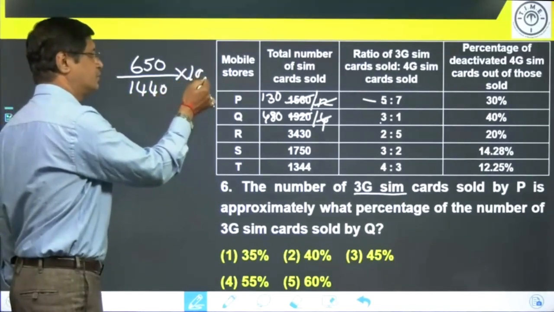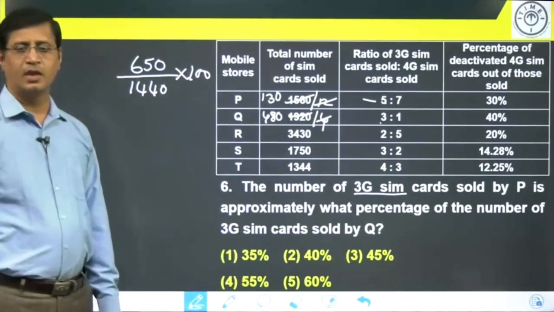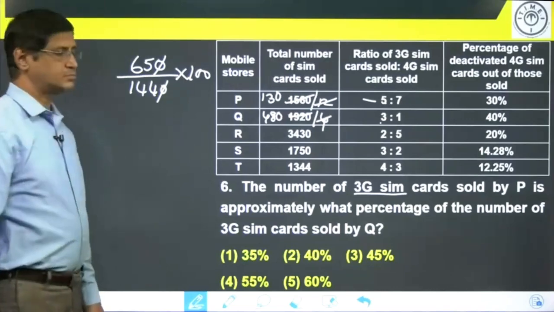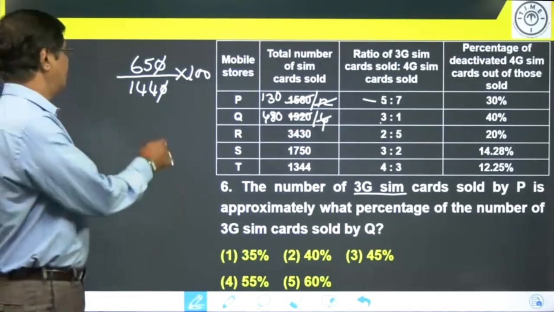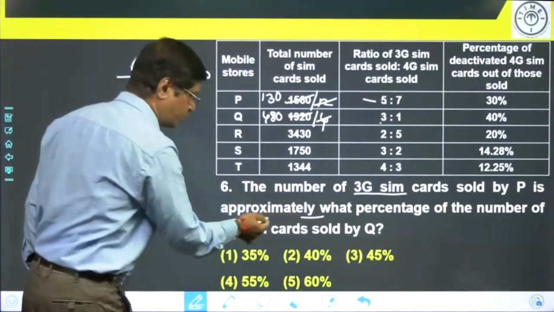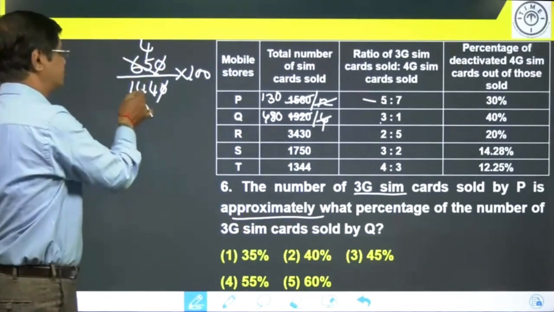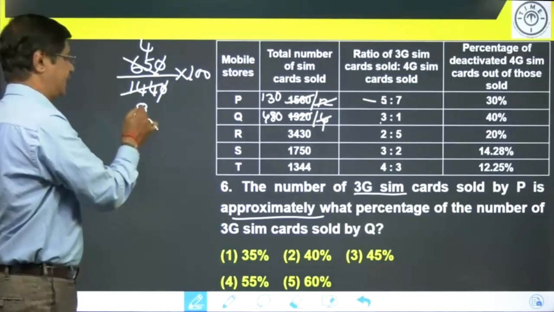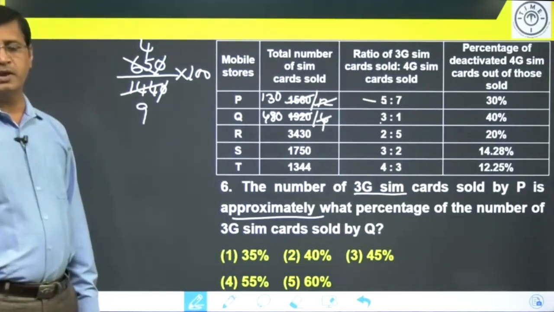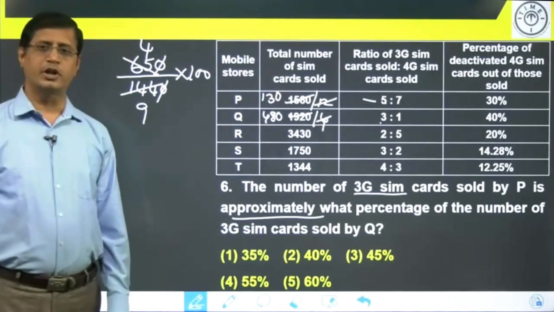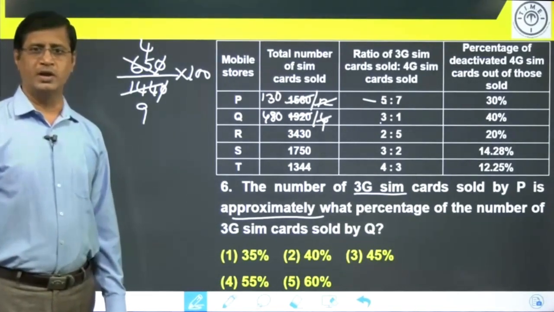Percentage to be found, so multiply with 100. Yes, my dear students, simplify. 0 to 0 we can cancel. Now what is the result here? If you observe, approximately we need to find out. Approximately means 16, 4 times 16. Here 9 times. 1 by 9 is equal to 11.11. 4 by 9 means 4 times of 11, that is 44.44.